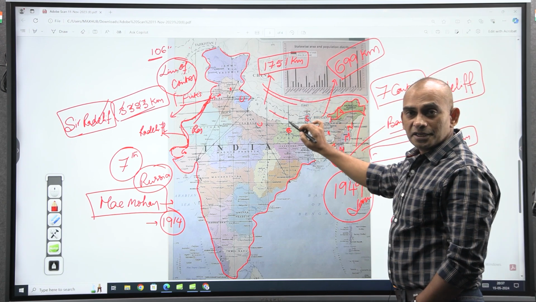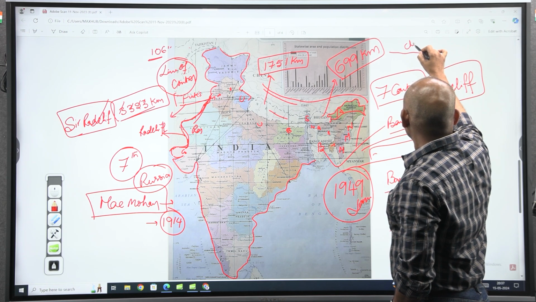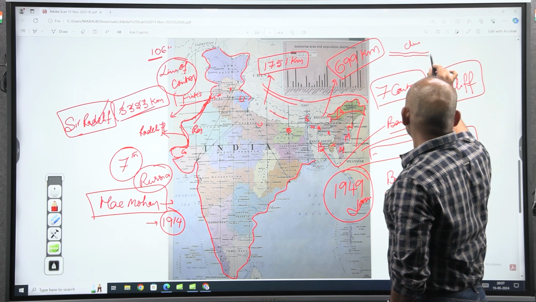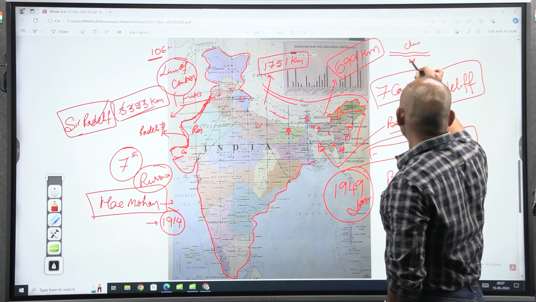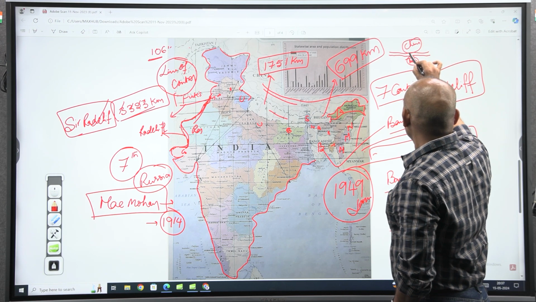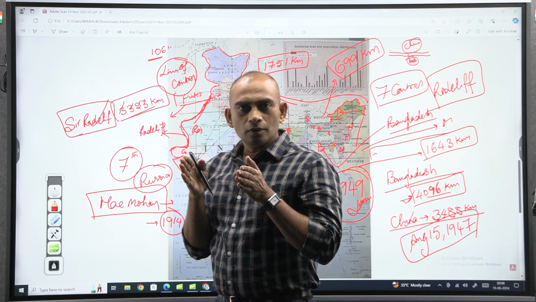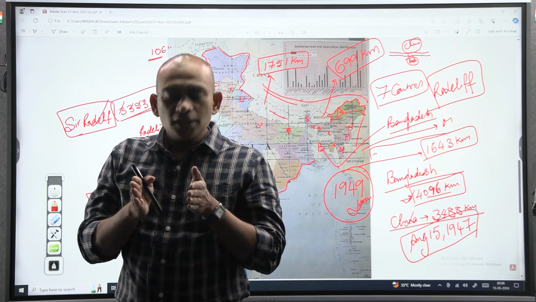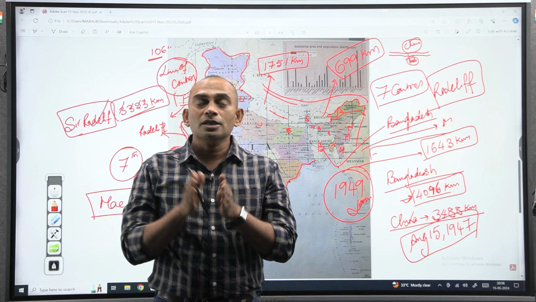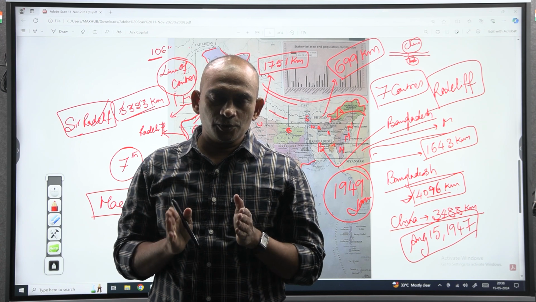Suppose this is the China border, there is a thin line, India is controlling here and China is controlling this region, and between these two actual lines of control there is a buffer zone. That buffer zone is not clearly demarcated. That is the biggest dispute over here.